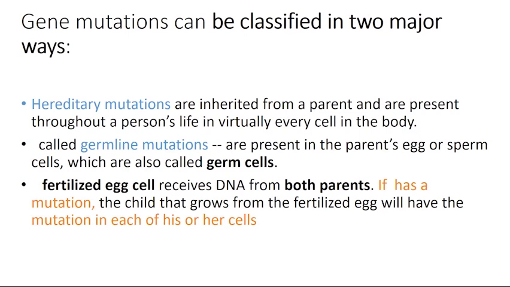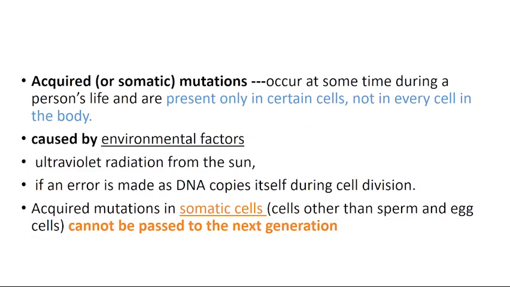The fertilized egg receives DNA from both parents. If it has a mutation, the child that grows from the fertilized egg will have the mutation in each of his or her cells. An acquired mutation is present only in certain cells and occurs at some time during life. This is not in every cell in the body, and is caused by environmental factors. Acquired mutations in somatic cells cannot be passed to the next generations.